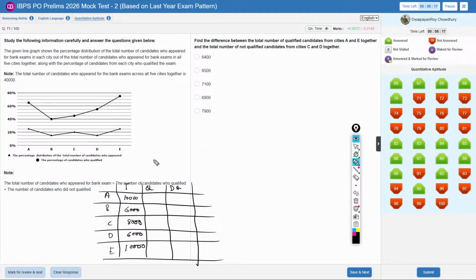And qualified is 65%. So 6500, 3500. Then the next one is in B, it is 40%. So 2400, 3600. Then it is 45%. 45 into, so 9 into, so 3600, 4400.